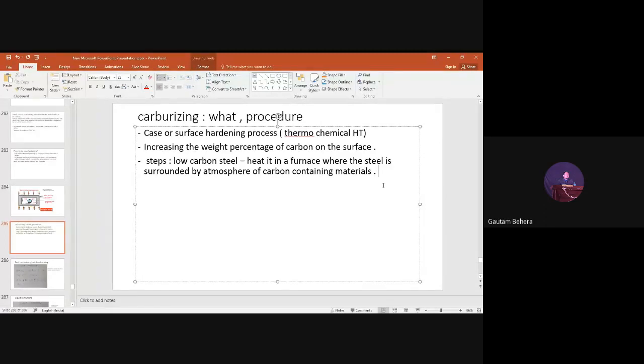You first put some charcoal or coal, in small granular form, in the tiffin box. Then you put the steel you want to carburize at the center, close the tiffin box, put it into the furnace and raise the temperature of the furnace.